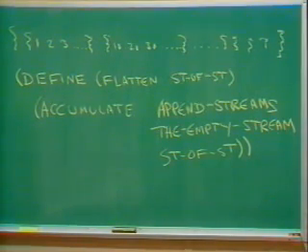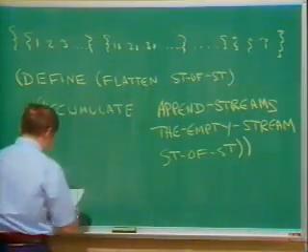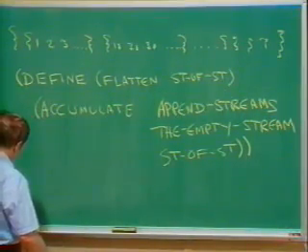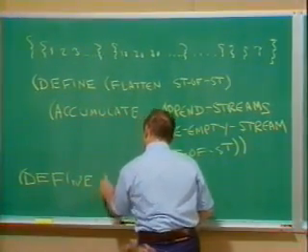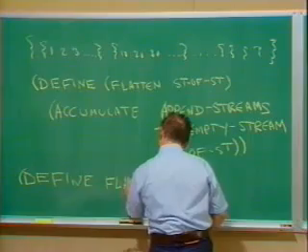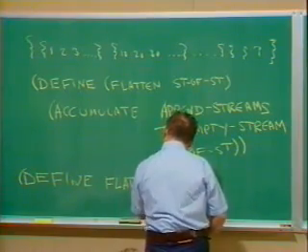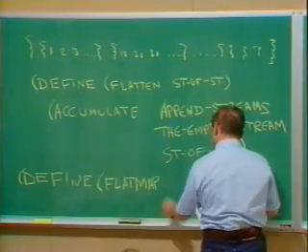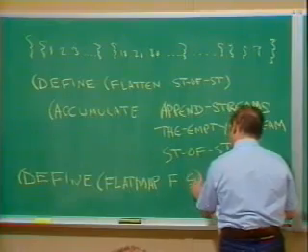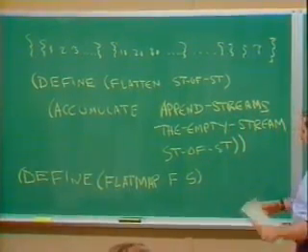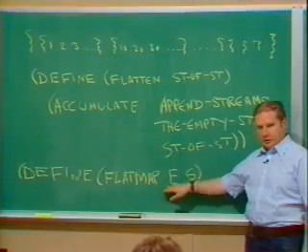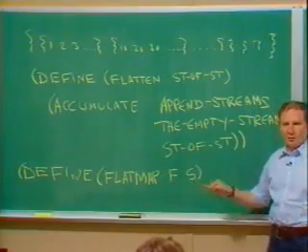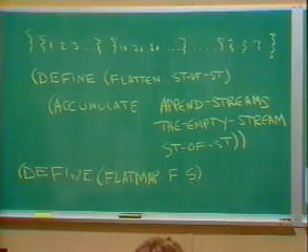In fact, there's another useful thing that I want to do. I want to define a procedure called flat map. Flat map of some function f and a stream s. F is going to be a function that for each element in the stream produces another stream.